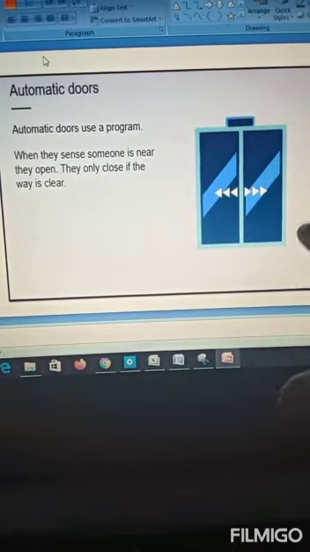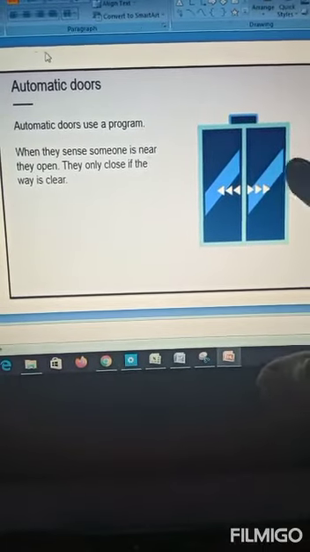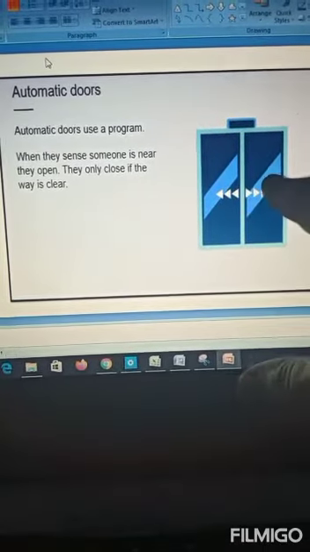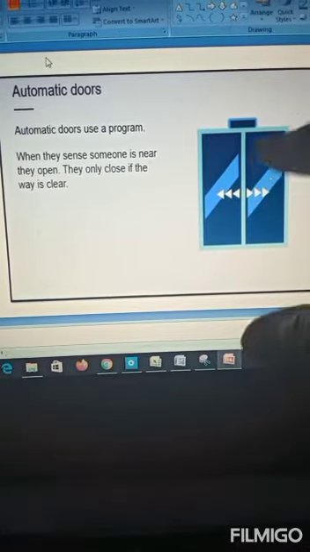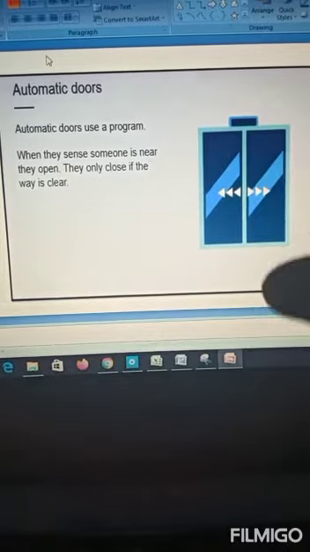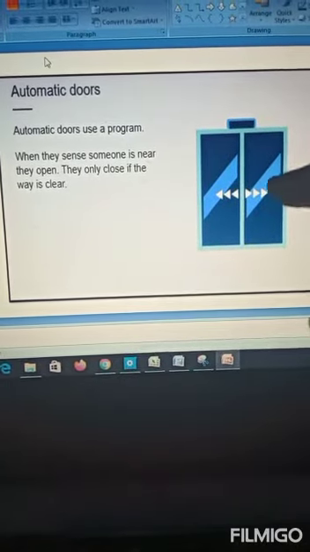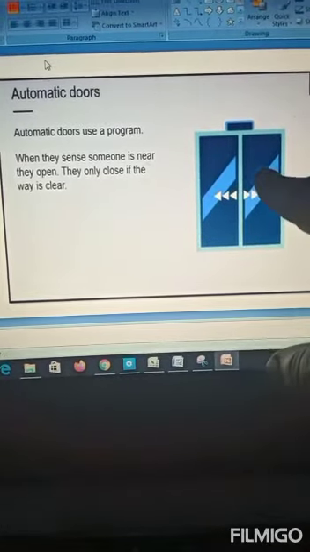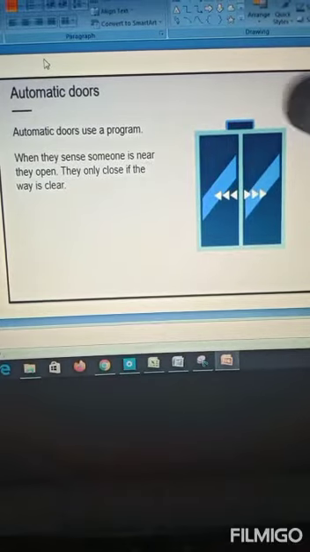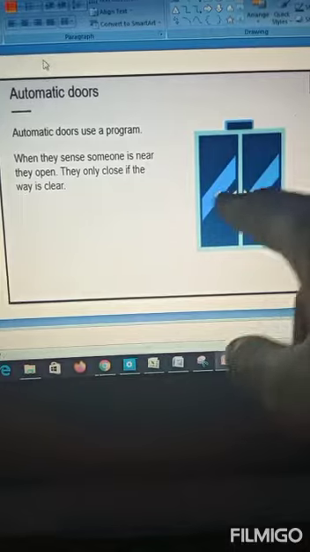If you have ever used the lift, it is programmed in such a way that it is able to carry a specific weight, say maybe 80 kgs. If there are people inside the lift and the total weight is more than 80 kg, the door won't close.